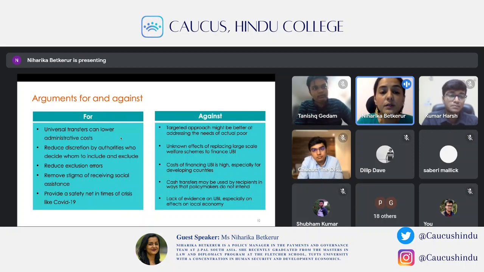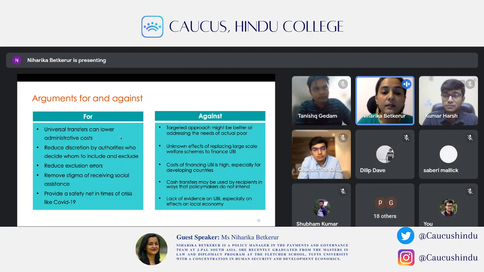It can also reduce discretion by authorities who currently have a lot of power in deciding whom to include in the beneficiary list and whom to exclude. So by making it universal, there won't be any discretion by authorities to include and exclude people.